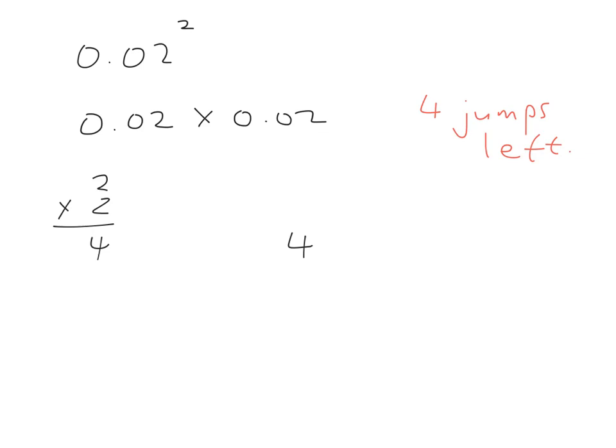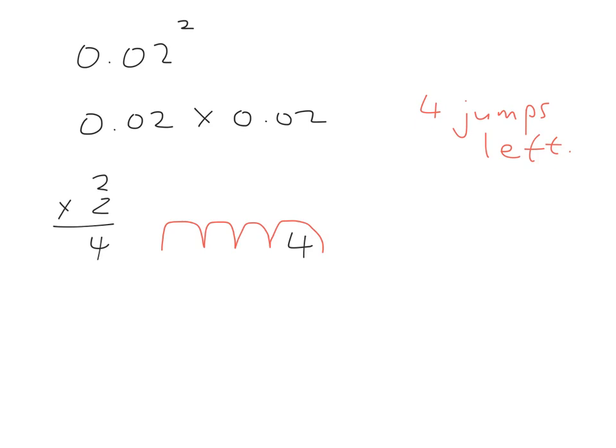Okay, so now what we do is we get the number 4, we write it down, and then we start on the right side of the number and we jump left. And we jump according to the number of decimals. Now we counted 4 decimals, so now we jump 4 times to the left. So 1, 2, 3, 4.